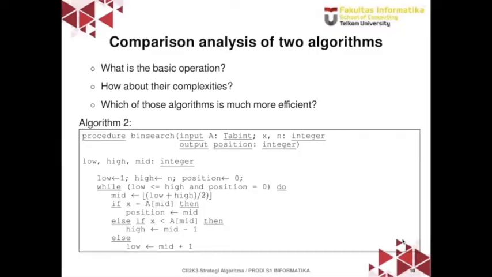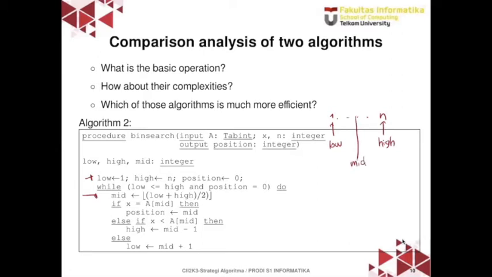And the second algorithm is binary search. Here we consider a list. We assume the list has already been sorted from the lowest element to the highest element. For example, we have a list of size n. The first assignment here, we assign this as low and this as high, and then we find the middle.